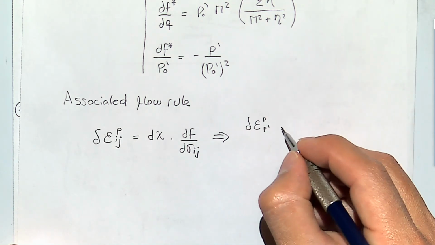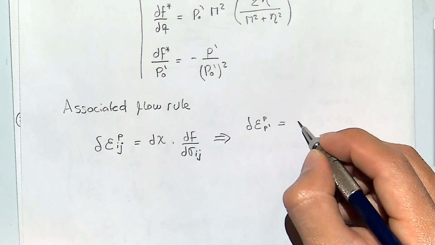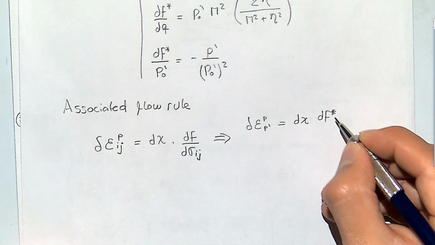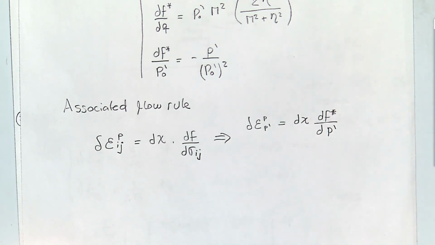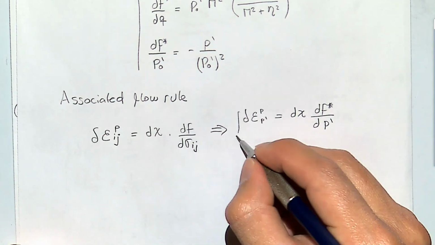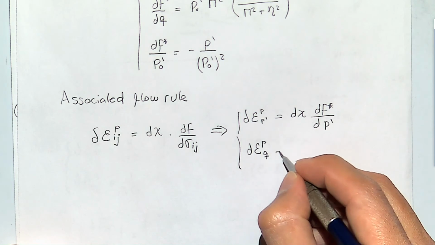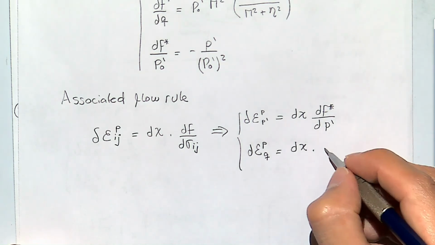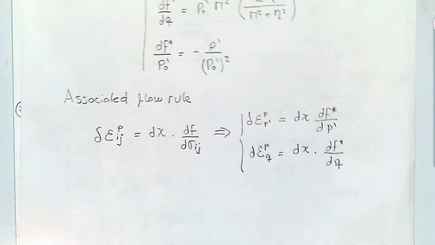And from here and from our previous derivatives, we get that the isotropic or the mean, the volumetric strain is going to be this times what we have above with the variation of the mean stress, and for the plastic strain, this is going to be that again, but with a variation of the deviatoric stress.